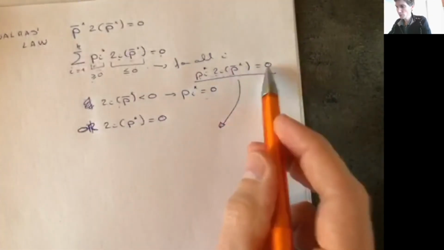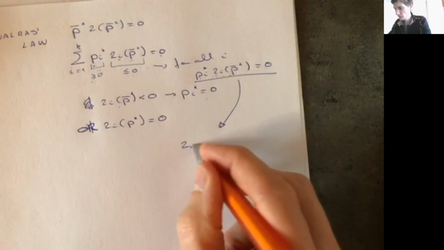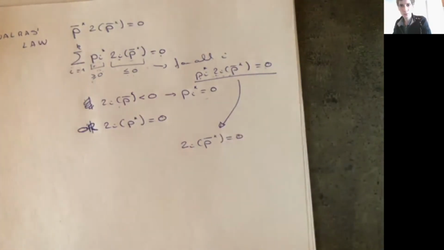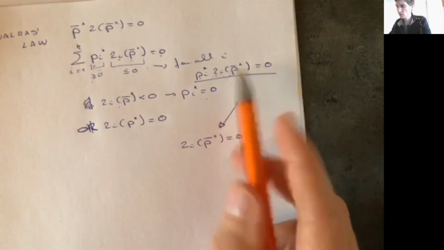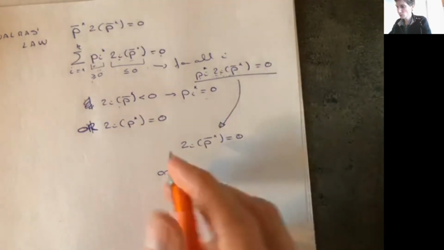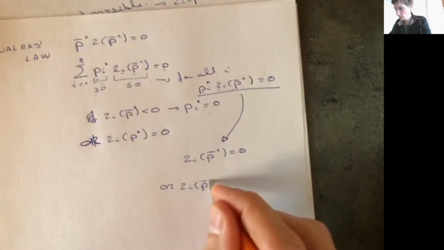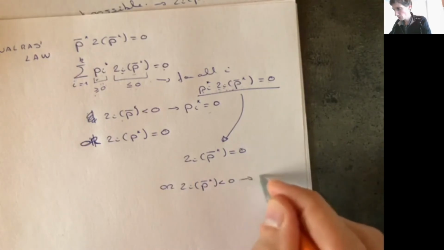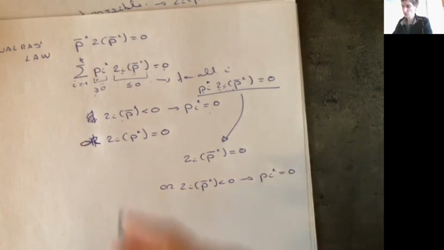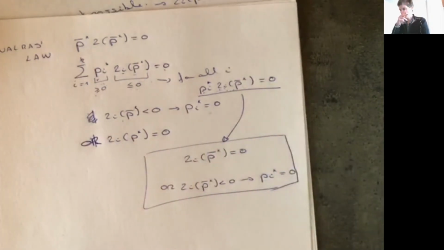This product has to be equal to 0, so this can happen either if the second one is equal to 0, or if the second one is not equal to 0, which means, because it's not strictly positive, that it has to be negative, well then P_i star is equal to 0. Okay, and this is what we needed to show in order to have an equilibrium price vector.